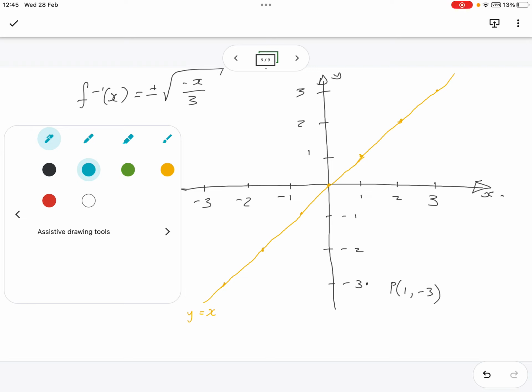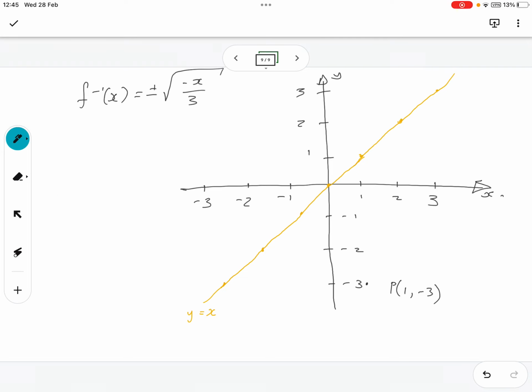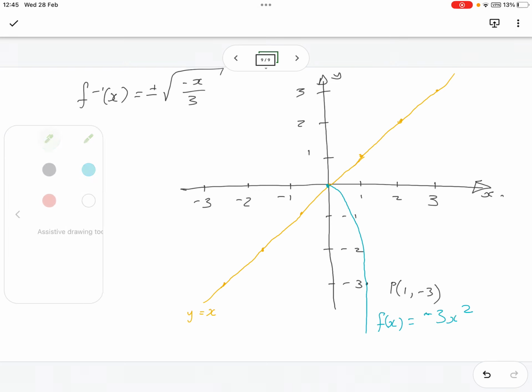Right, our f of x would be the one in blue. So f of x is -3x squared. And our green would be our inverse function. Yeah?